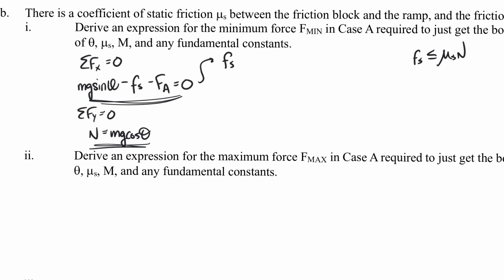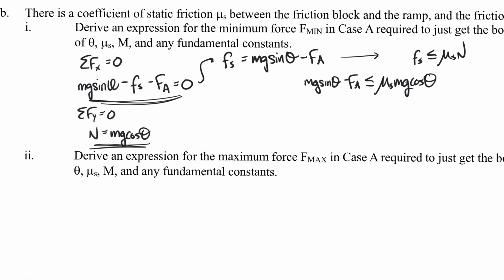Static friction will equal mg sine theta minus Fa. All good? Any questions? All righty. So let's substitute into my static frictional force equation, and I'll get mg sine theta minus the applied force is less than or equal to mu s mg cosine theta.